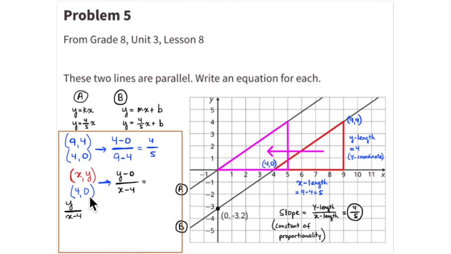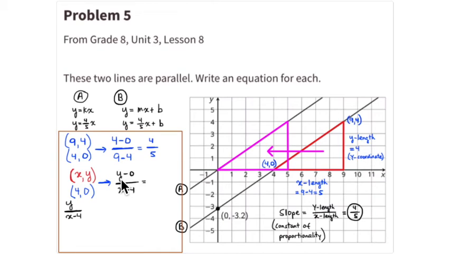Now to calculate the rest of the equation, you can just replace either of these coordinates with x and y. So I'm going to replace the point 9,4 with x, y. So now to calculate the slope, once again, that is y minus 0, which is y, compared to x minus 4. So this is getting the y's and the x's into this equation.